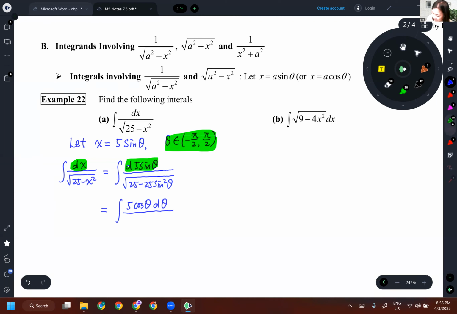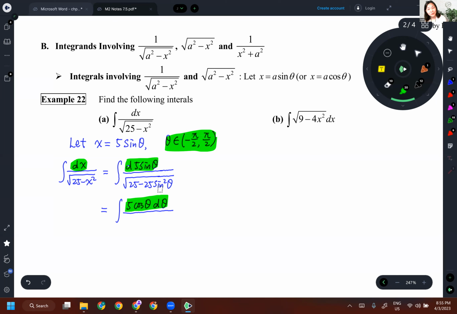I think the real substitution happens here. If you see, this d of 5 sine theta is changed to 5 cosine theta d theta. That is also substitution.